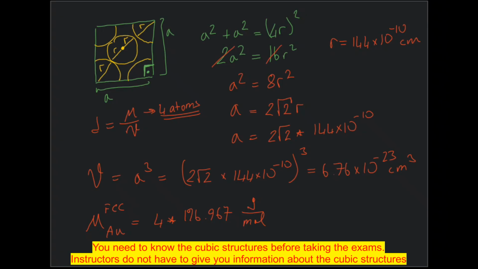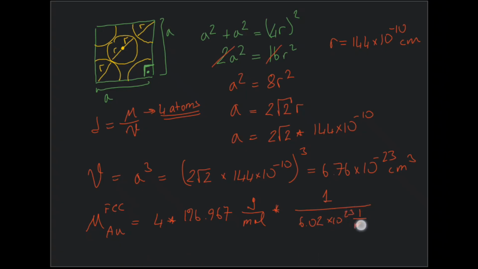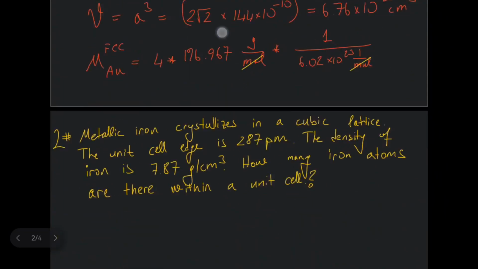but we have to get rid of the mole. To do that, we have to know the Avogadro's number. So if we divide the total mass by the Avogadro's number, it will give the total grams of the 4 gold atoms. And since these cancel each other, I have to calculate that number.